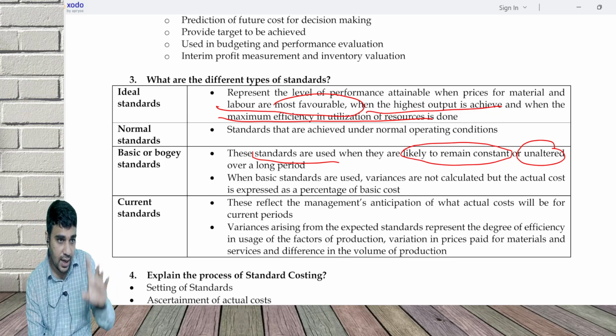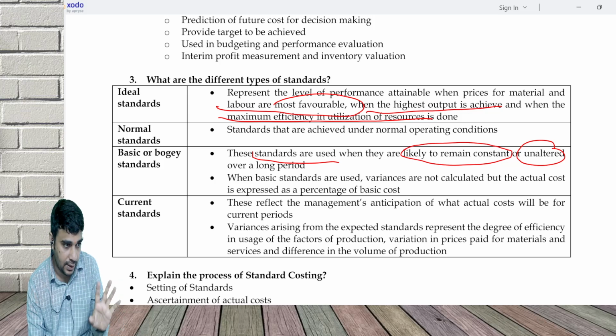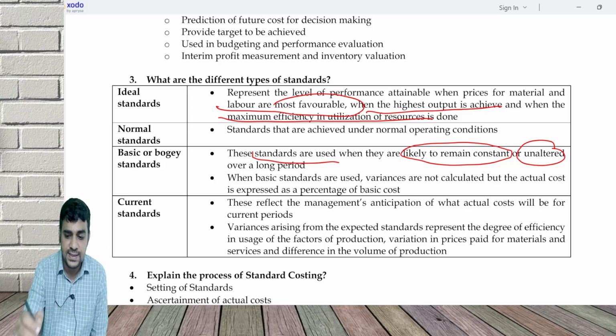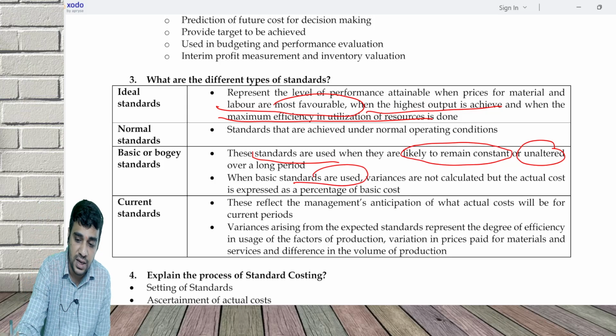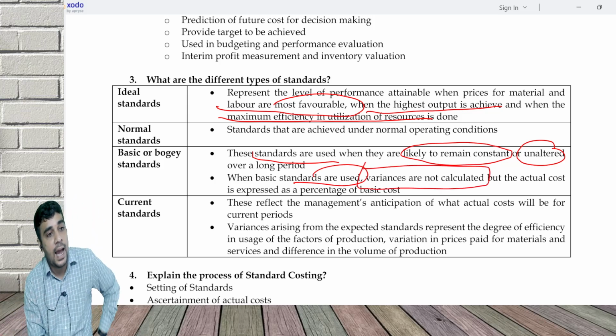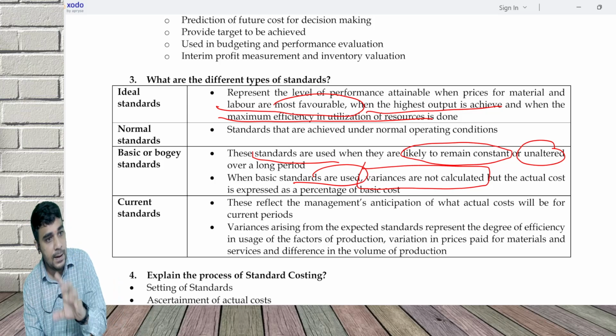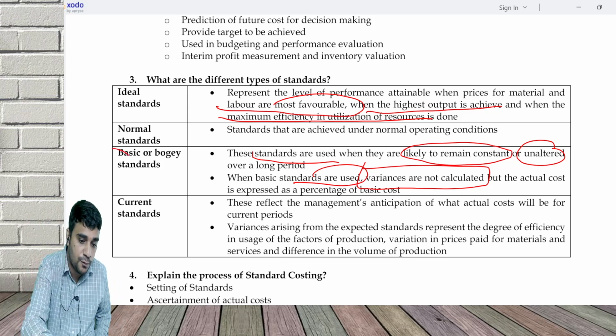I cannot say that I planned something, so please keep that only. If it is not going to work now, the standards need to change. Whenever basic standards are used, variances are not calculated, but the actual cost is expressed as a percentage of basic cost, that is, your planned cost. Ideally, we do not follow this.